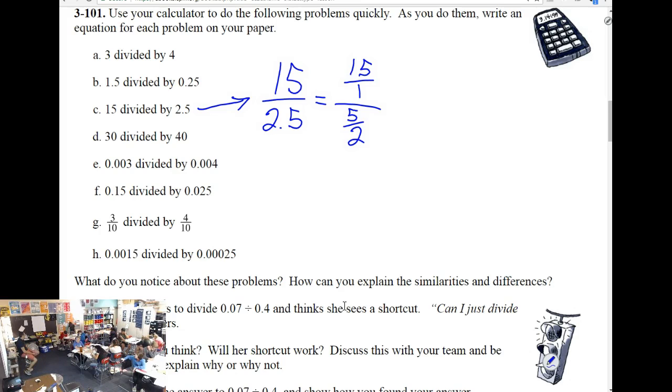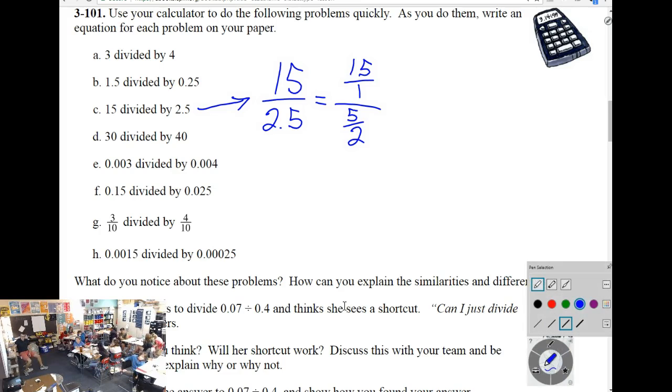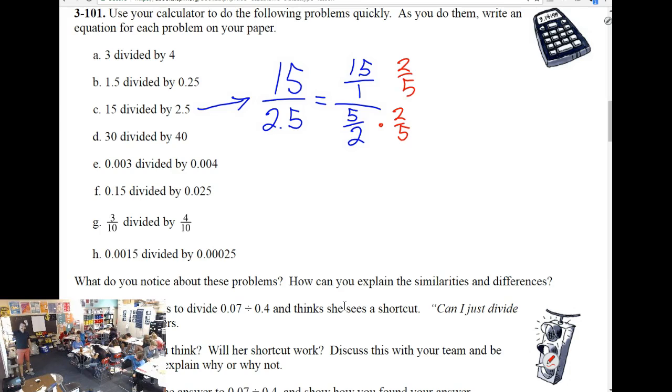15 doesn't need to be rewritten as a fraction, but I will make my life easier. Like I said, my goal is to make your life easier. What do I want to multiply on the bottom by? Do you know, Mallory? By 2/5. Now, if the top is already a fraction, that multiplication's easier.